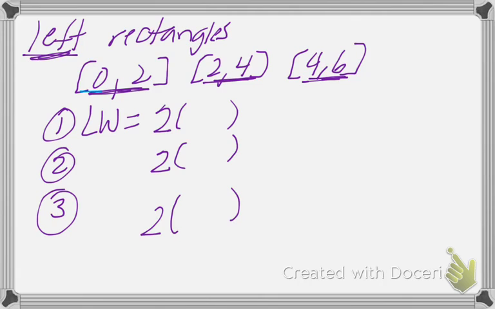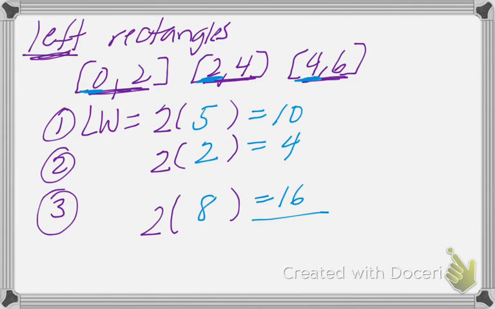So between 0 and 2, 0 is on the left. Look at the table, and when t is 0, you'll get 5. Go to the next one, you're taking the left, so that's the 2, and that's equal to 2. And on the next one, you're going to use the 4, and that gives you an 8. So we get 10, 4, and 16, and that will give us 30, and that is choice B.